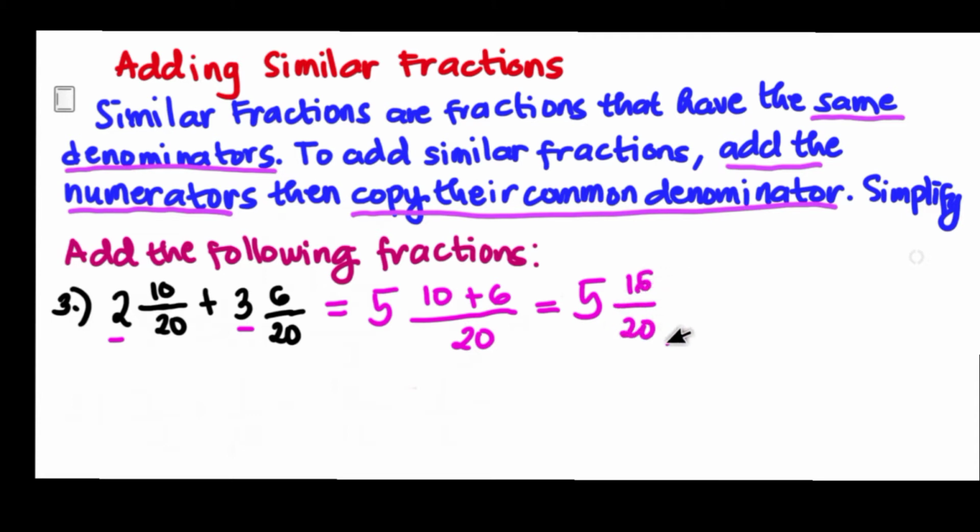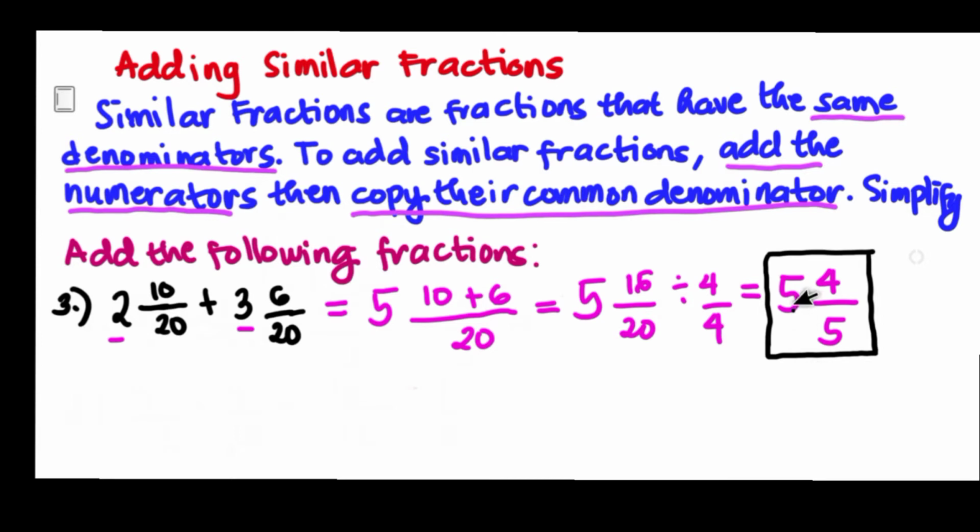Since si 16 and 20, meron pa pong pwedeng i-divide maliban sa 1, divide po natin yan sa GCF nila na 4. So, copy natin si 5. 16 divided by 4 is 4. And then 20 divided by 4 is 5. So the final answer is 5 and 4 over 5.